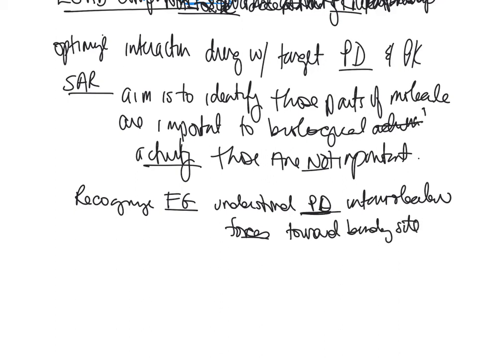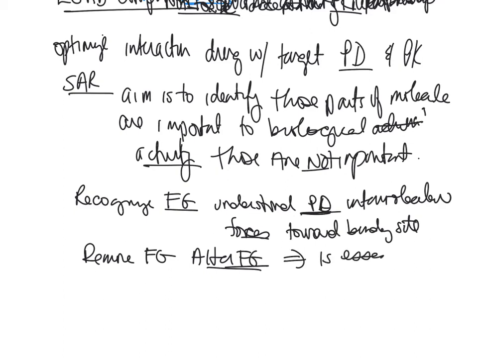We need to define those that are important in the binding interactions. We will remove functional groups, or we will alter functional groups. And then by doing that, we decide whether something is essential or not. That's how you would determine whether something's essential.